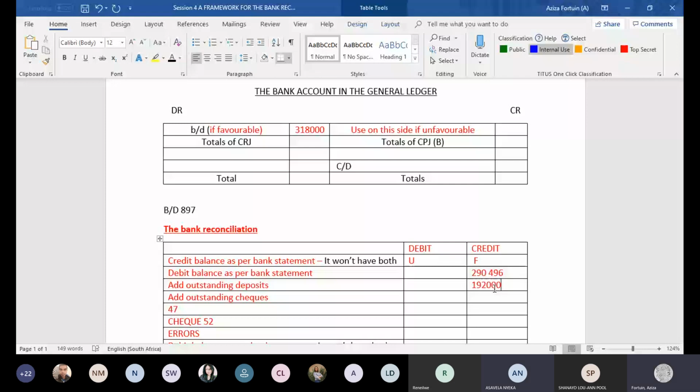We put it on the bank reconciliation on the debit side, as an outstanding check. And how much is that for? 6,600. Okay, thank you.